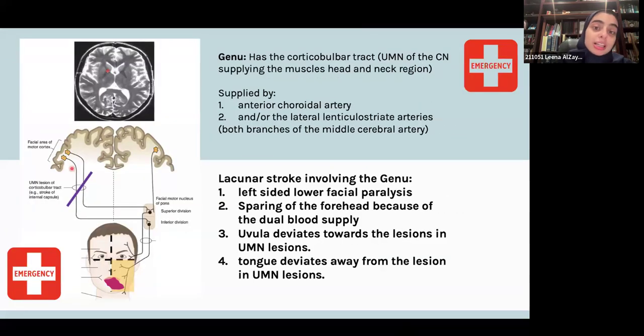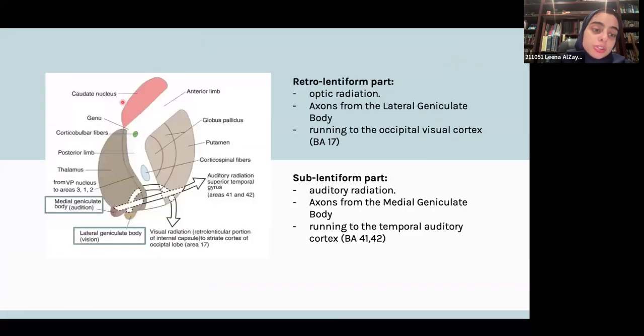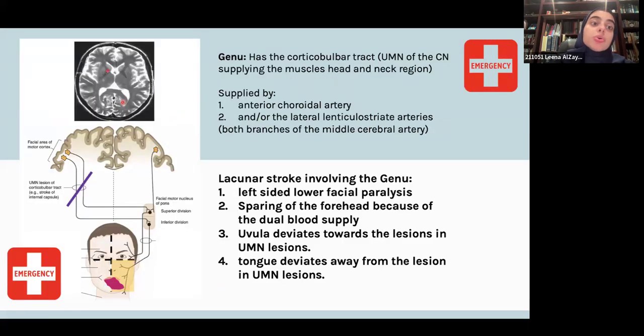And I'm gonna do clinical. So what's clinically relevant is the genu and the posterior limb. This is what you kind of have to know the blood supply to. So the genu is, as we said, the corticobulbar tract, the upper motor neuron supplying the muscles of the head and neck. It's supplied by the anterior choroidal artery and the lateral lenticulostriate arteries.